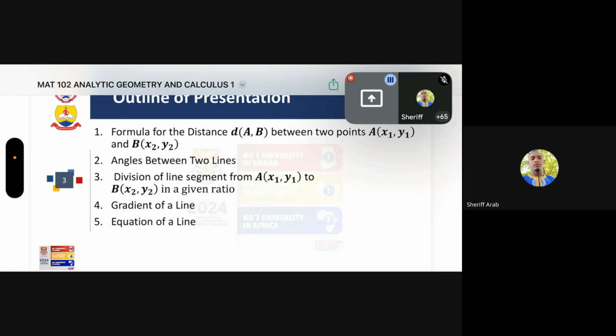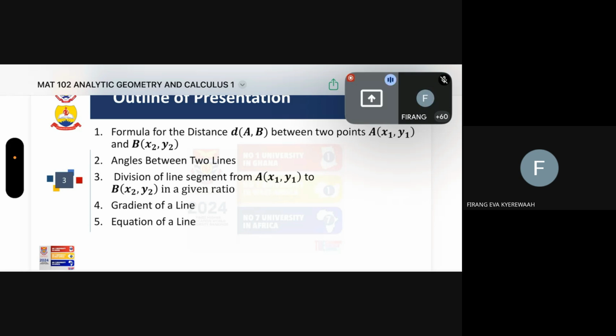Given 2 points A and B, how do you find the gradient? Let's assume the point A has coordinates x1, y1, and B has coordinates x2, y2. How do you find the gradient? Y2 minus Y1 over X2 minus X1.